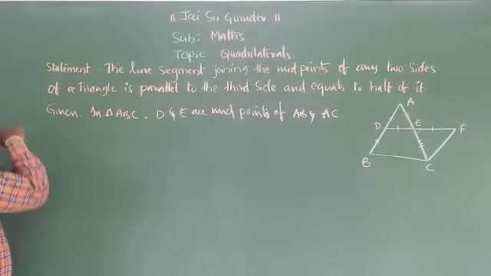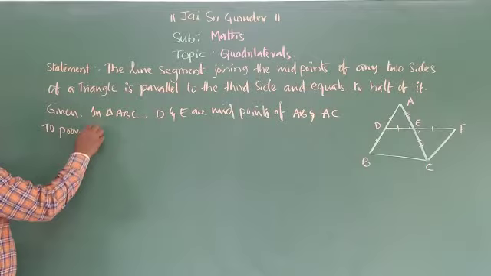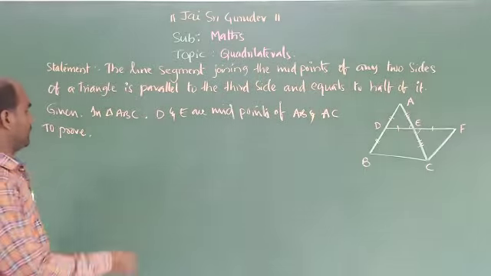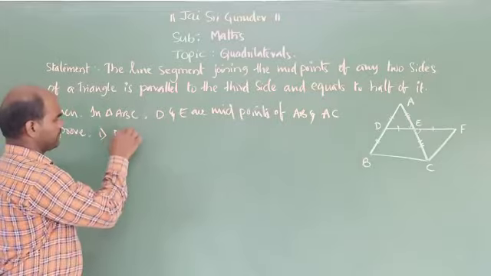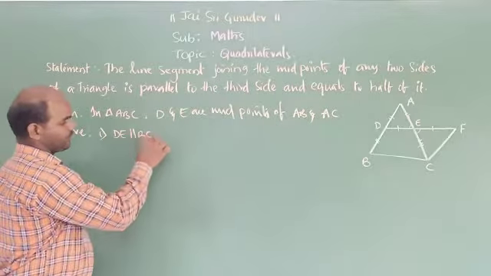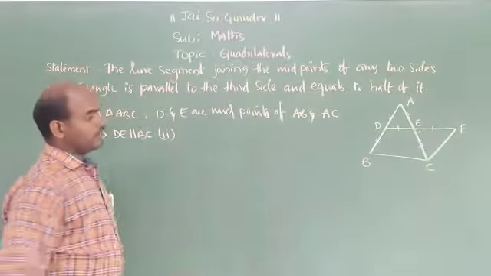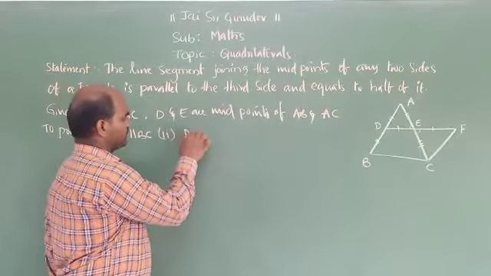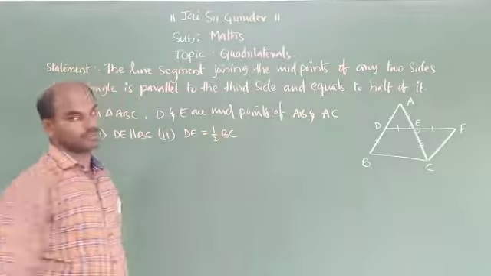Next, what do we want to prove, children? The first is DE is parallel to BC, and the second is DE is equal to half of BC. We have to prove this.